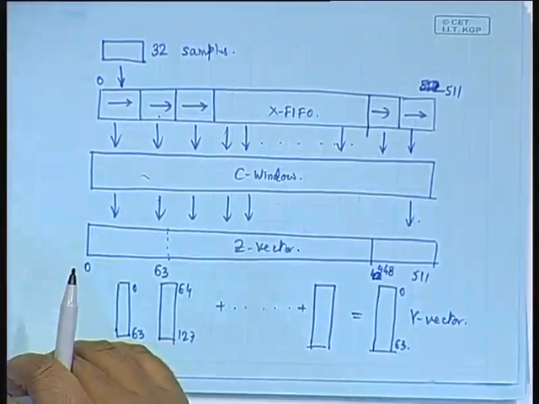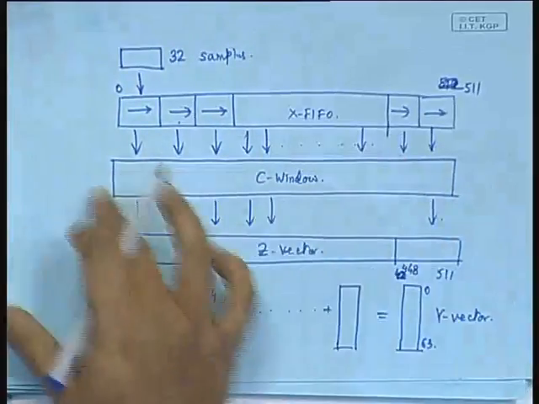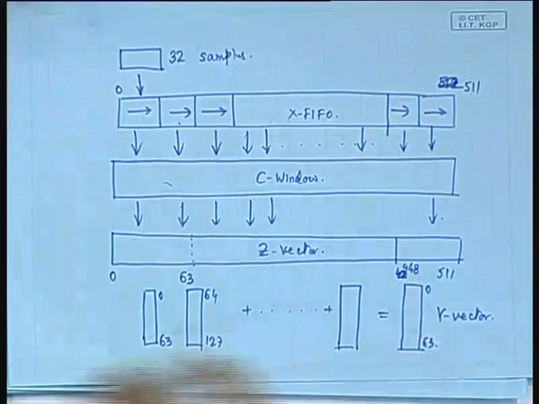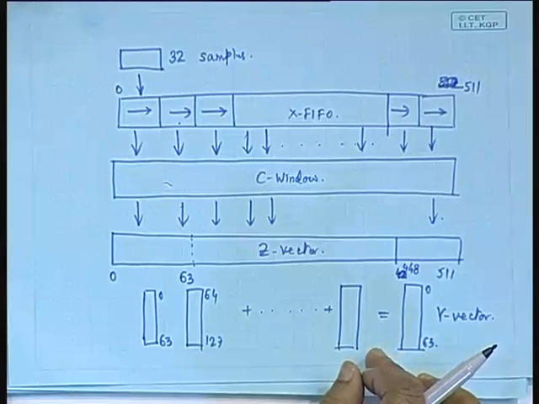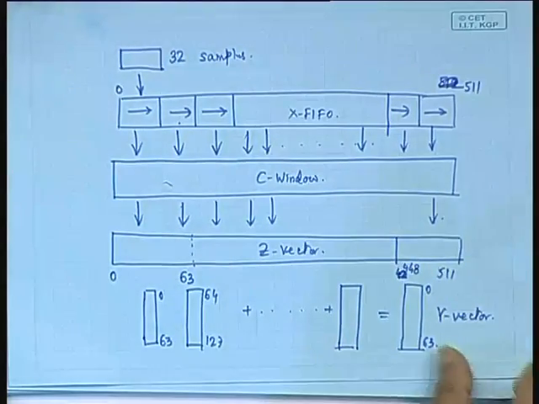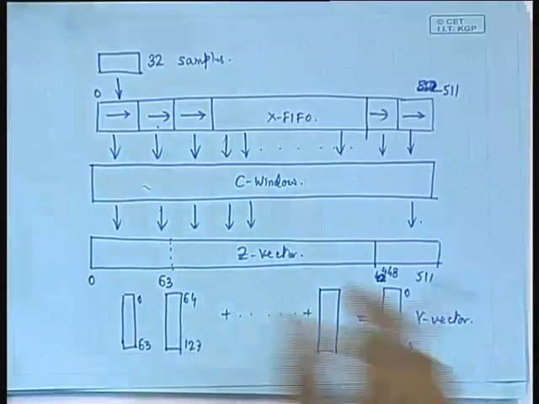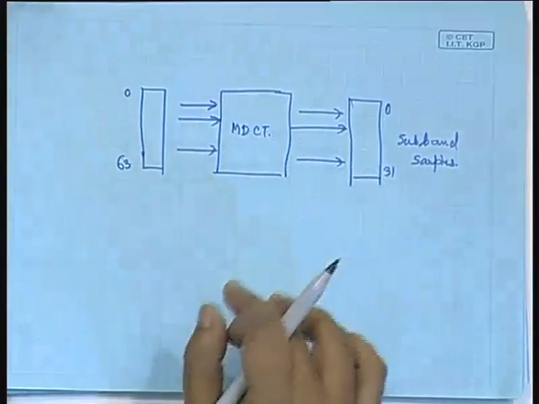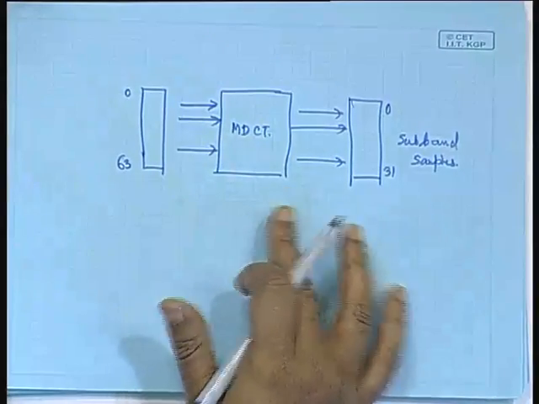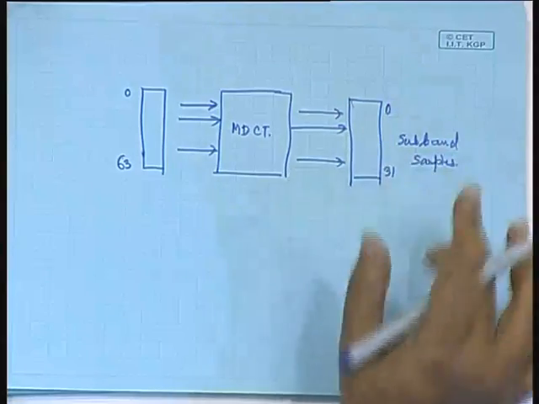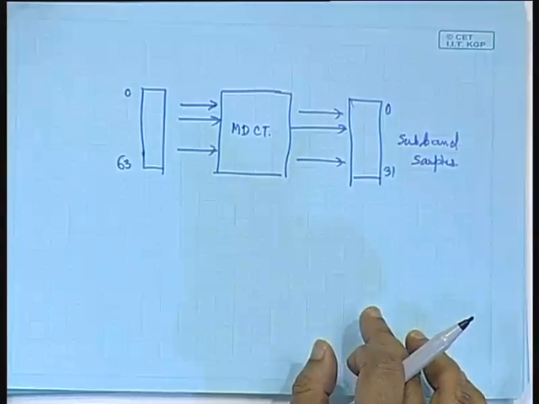So, what you can see essentially in this implementation is that we are first passing it through a windowing. The windowing is followed by addition, and the addition is followed by performing the MDCT, and then in the transform domain we are obtaining 32 subband samples.